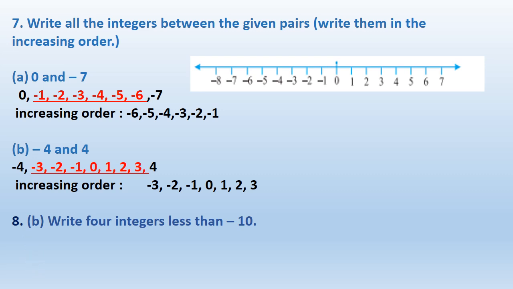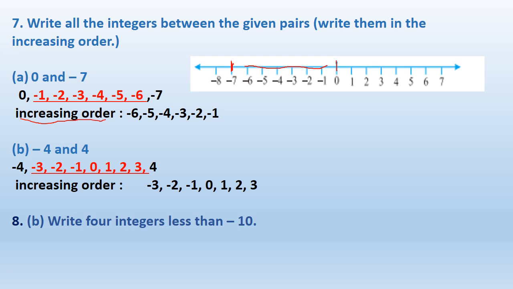Okay, so here is minus 7 and here is 0. In between this, between means not including these two. So in between, these many integers are there: minus 1, minus 2, minus 3, minus 4, minus 5, minus 6. Now we have to write the increasing order of it.